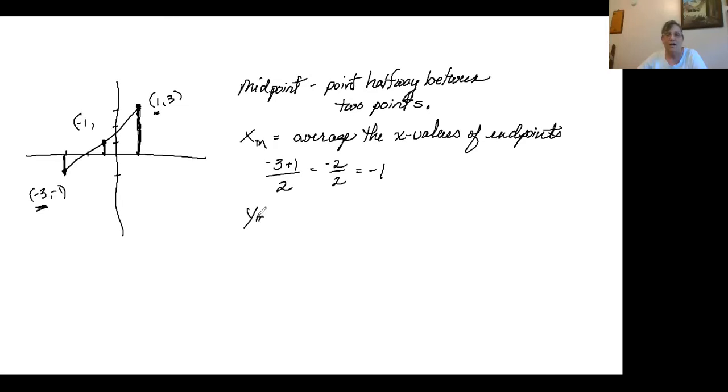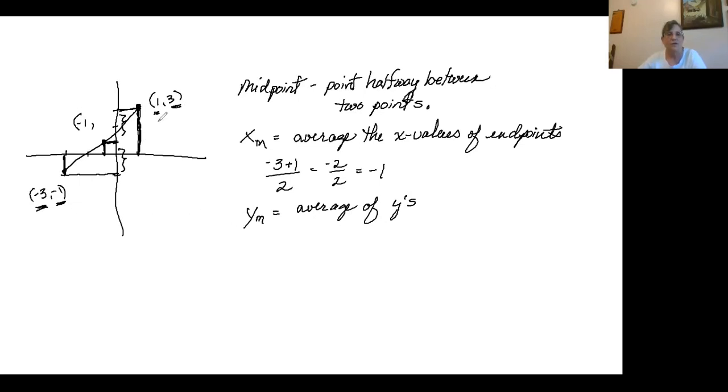To get the y for the midpoint, you get the average of the y values at the endpoints. So if we look at the y values, -1 and 3, you notice that this y value is lined up here, this one is lined up here, and this one is halfway between.